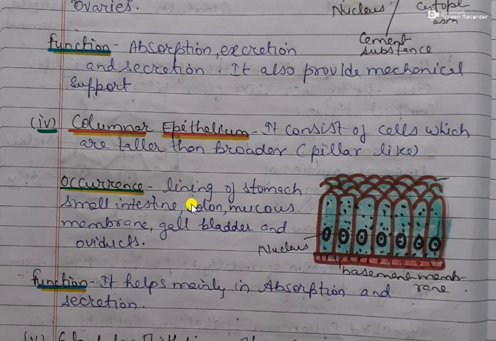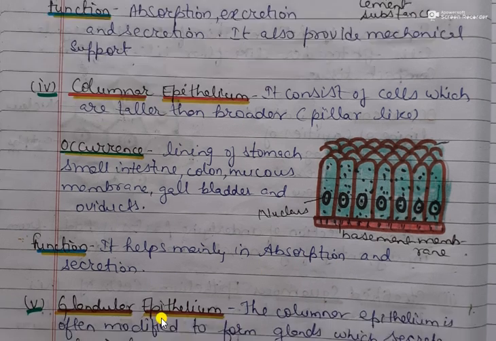This tissue is found in the lining of stomach, small intestine, colon, which is part of the large intestine, mucous membrane, gallbladder, and oviducts. Oviducts means fallopian tubes, which are present in the female reproductive system. The function of this tissue is mainly absorption and secretion.